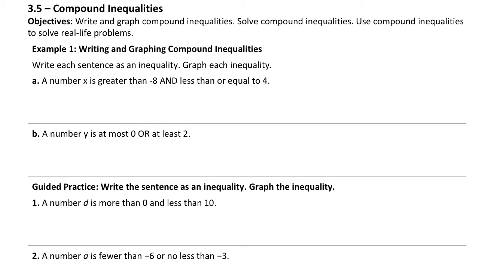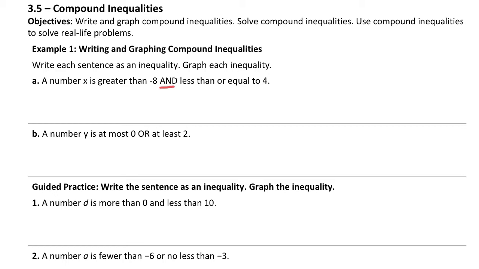So in our first example, we're going to be just focusing on writing and graphing compound inequalities. In example 1, part A, it says a number x is greater than -8 and less than or equal to 4.